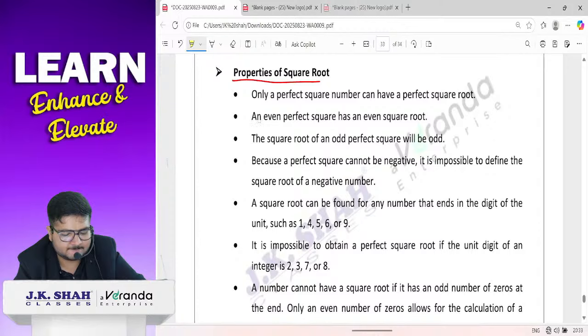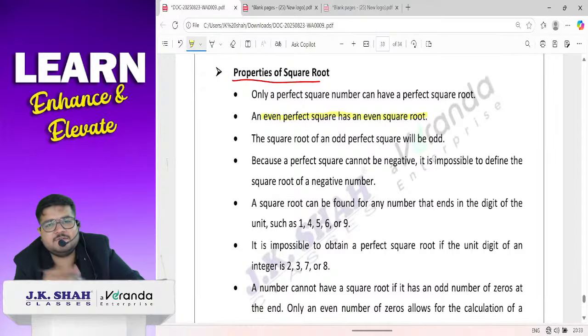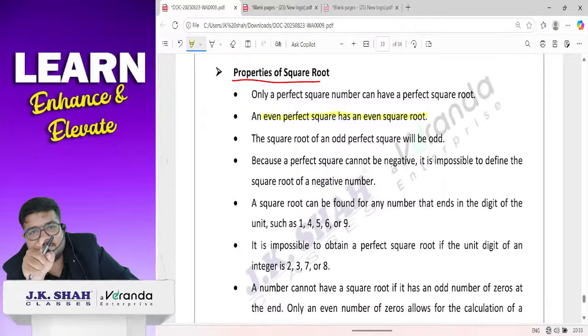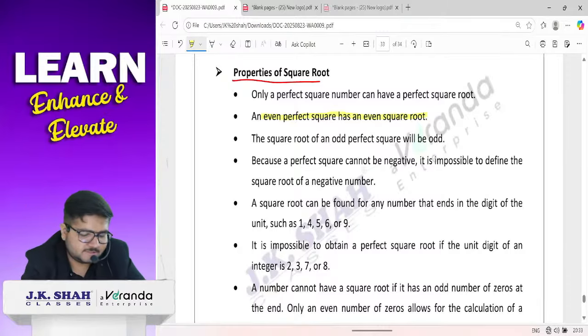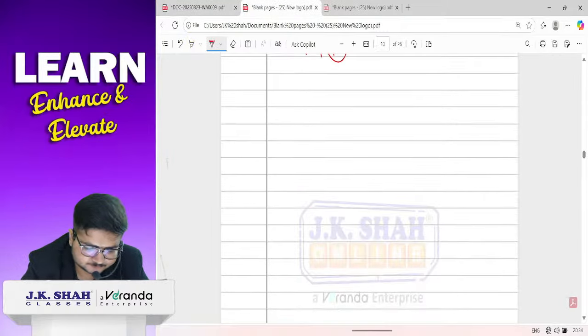This is very important. An even perfect square has an even perfect root. So listen to my words very carefully. The square of an even number is even, and the root of an even number is even.